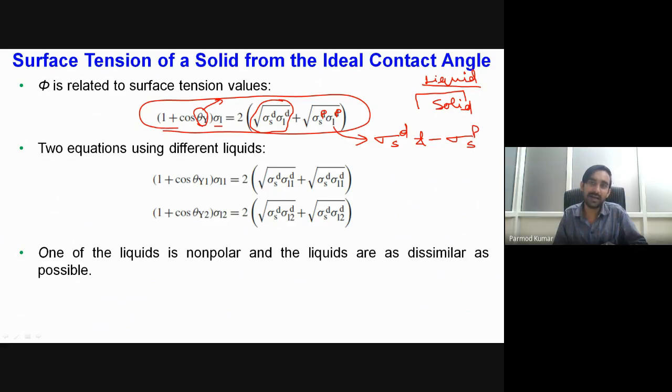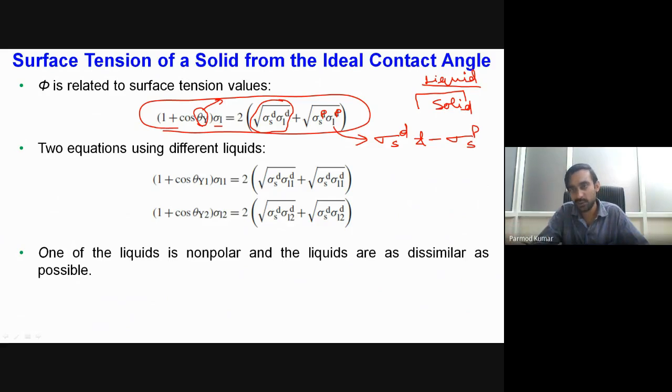So once again, when we substitute the value of phi, we get a single equation, and there we also consider that we find the contact angle from the geometry.